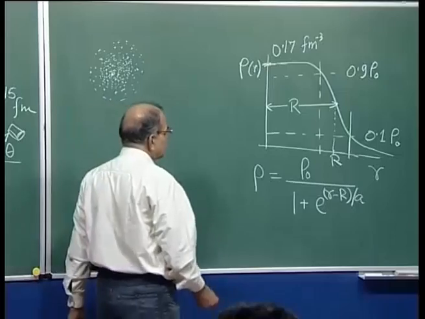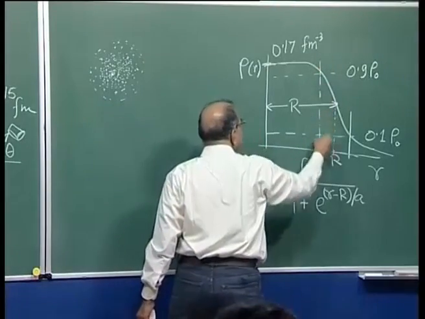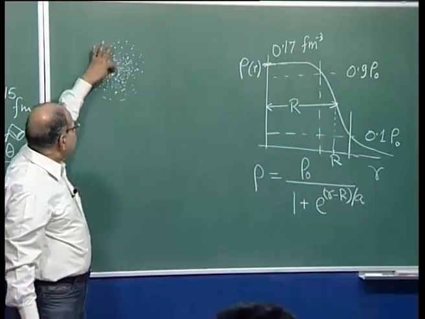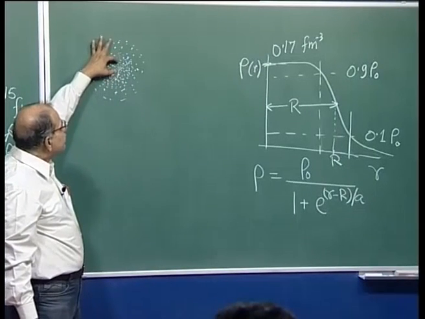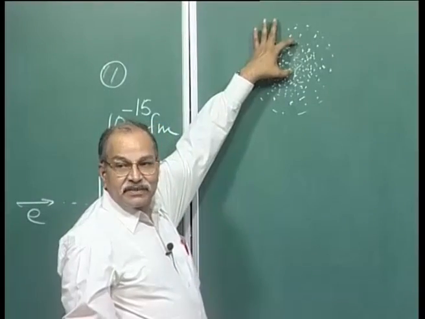Now, let us calculate this value, 0.9 of rho naught. So, from the center, at what distance does this density fall to 90% of it?